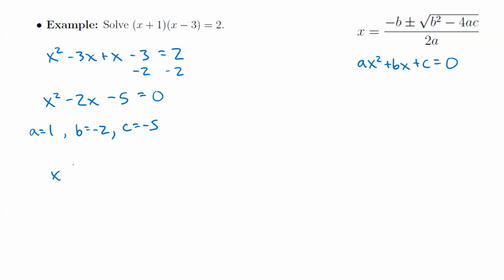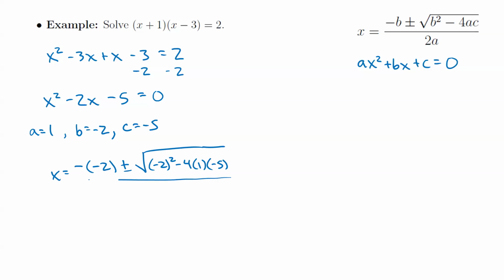So solving this using the quadratic formula means taking -b plus or minus the square root of b squared minus 4 times a times c, all divided by 2a.